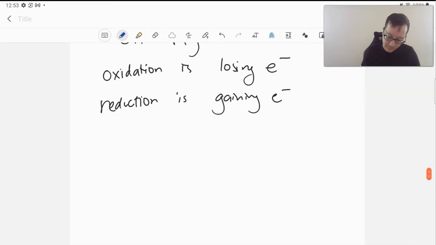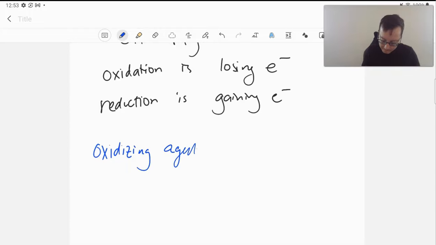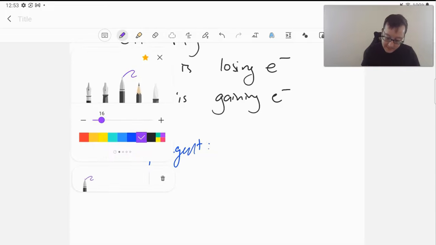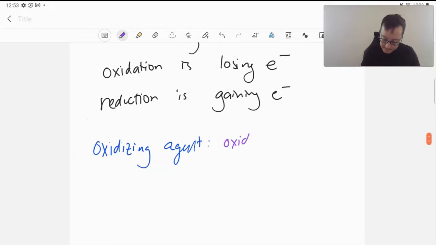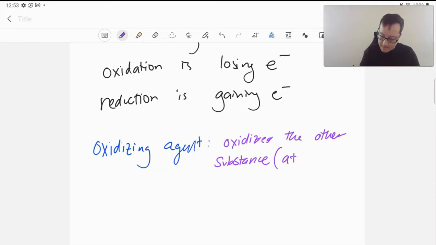So we'll have our oxidizing agent. It oxidizes the other substance, and at the same time, it will be reduced.